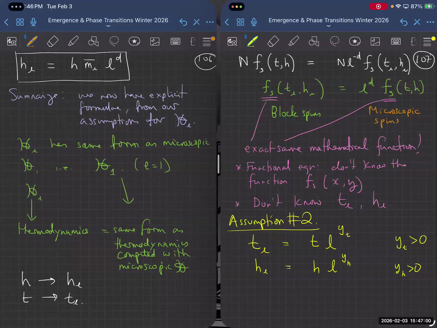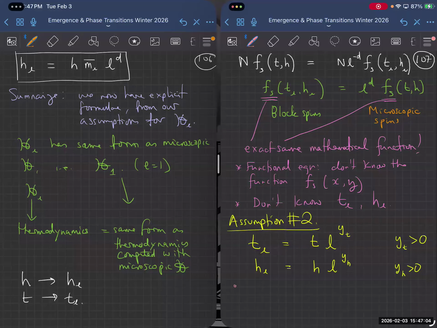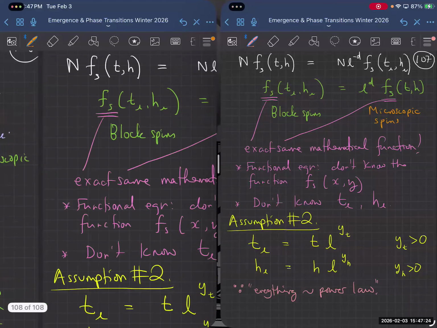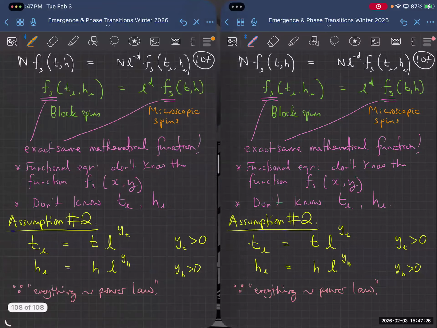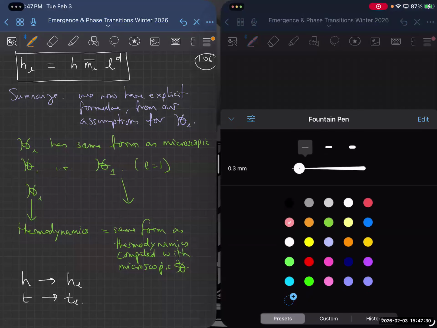And we're going to make this assumption just because everything is going like a power law. In fact, Kadanoff was deliberately making this assumption, knowing that if he made it, he would be able to get power law behavior. And now we'll see how to do that.